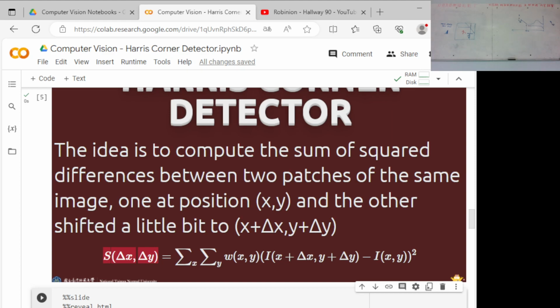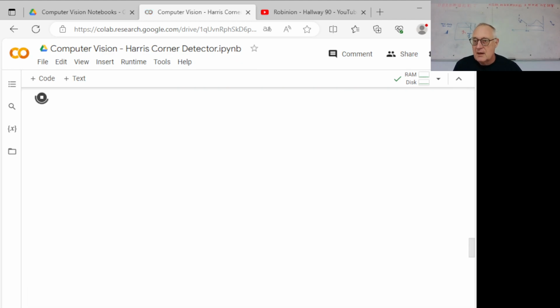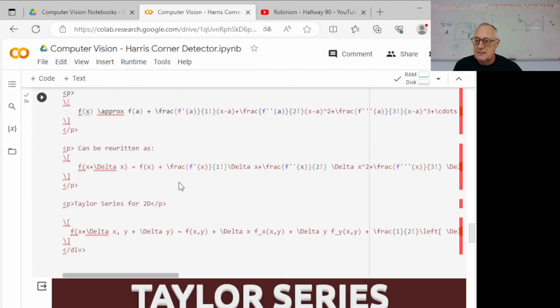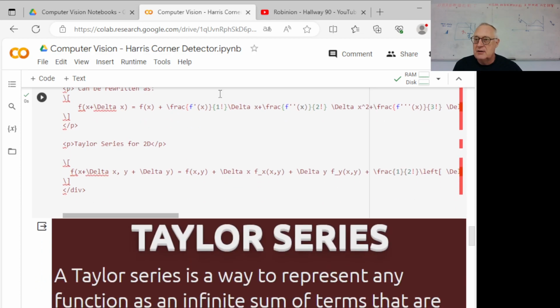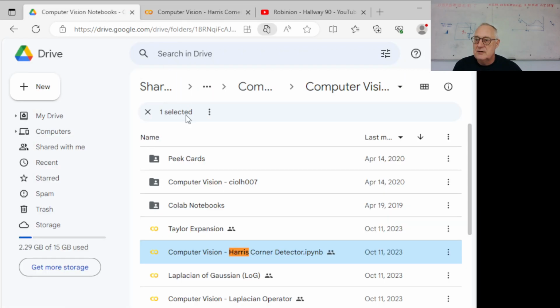So this projection has been studied extensively in mathematics, and the way to solve it is using the Taylor series or Taylor expansion. So now let's have a look at the Taylor series.